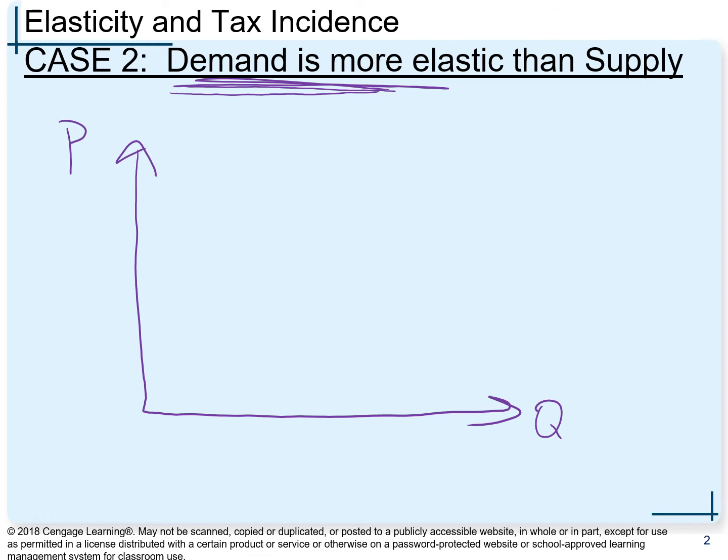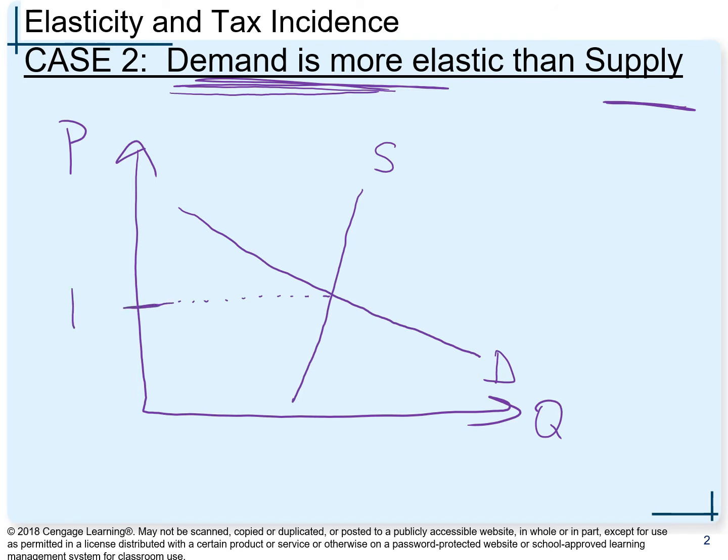So if demand is more elastic, it means I need to draw this demand relatively flat. Supply is going to be less elastic. Remember, it means that supply is going to be more inelastic. And I'm going to put this equilibrium price over here. Remember, this is the price before the tax, and now I'm going to impose a tax on the market.